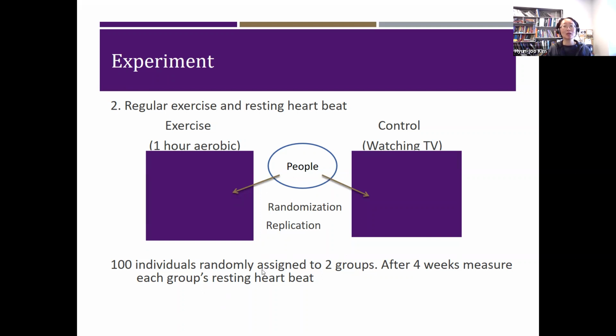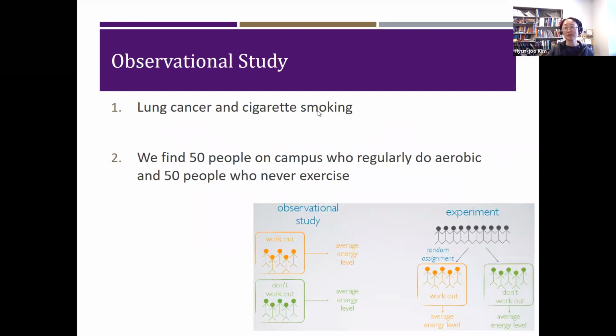Then can we ever actually study something like lung cancer versus cigarette smoking? What would be alternatives? Maybe we'll just ask people who already smoke by choice to participate in this study, and then there will be some non-smokers by choice who participate in this study, and then you compare those. That's what the observational study is.